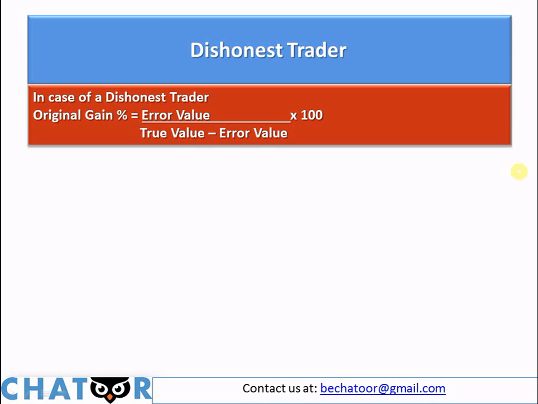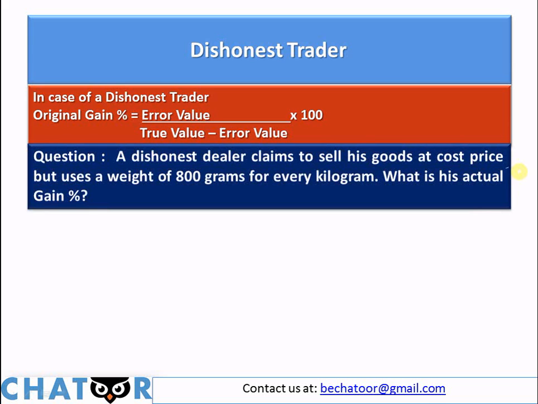Let's look at a question which uses this dishonest dealer word. The question says, a dishonest dealer claims to sell his goods at cost price but uses a weight of 800 grams for every kilogram. What is his actual gain percent?